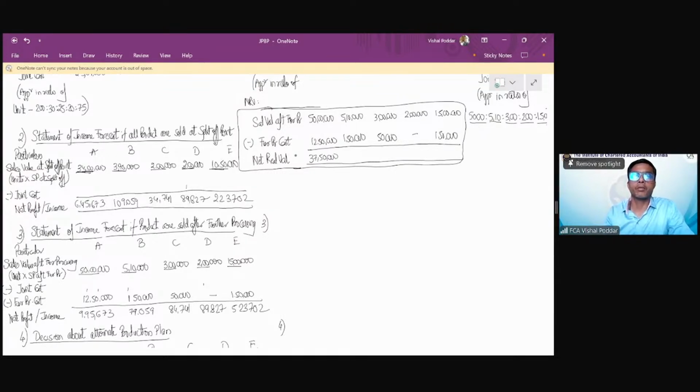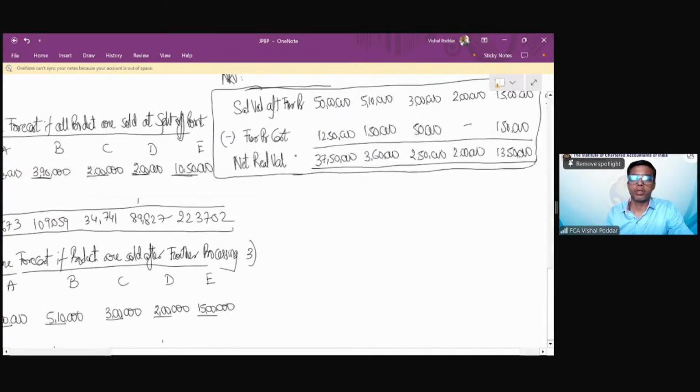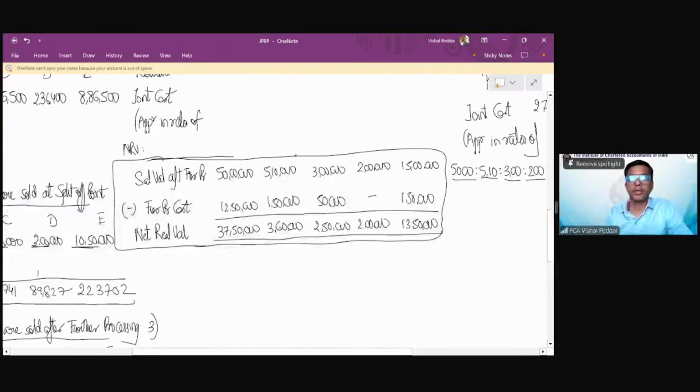So 3750, 360, 250, 2 lakhs, 1350. Now this is my ratio. So how do we find out NRV?